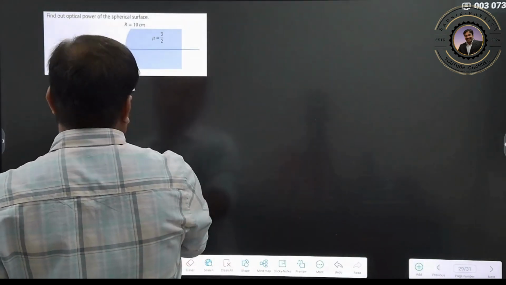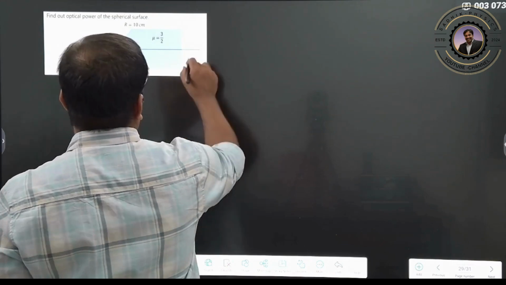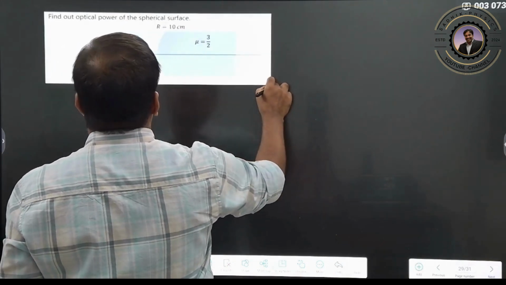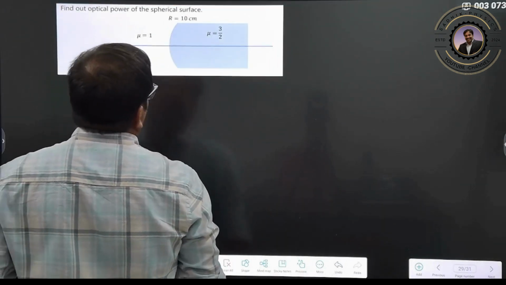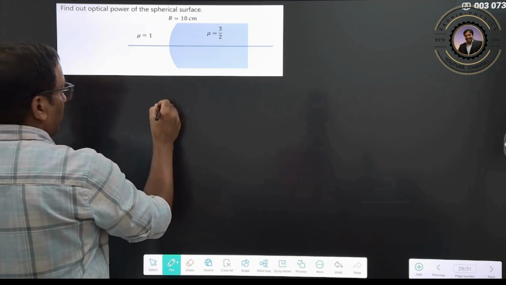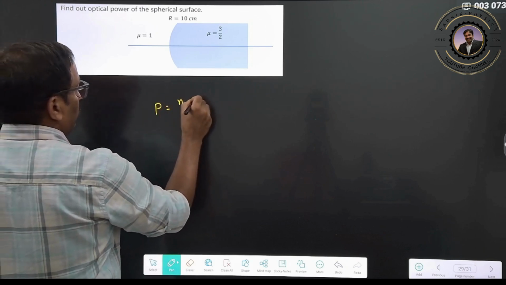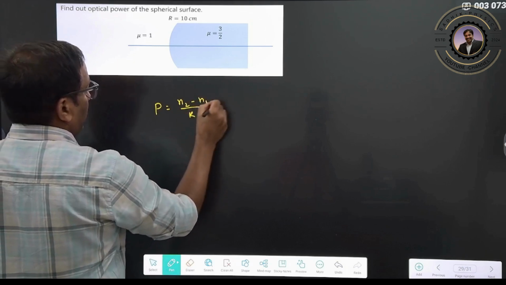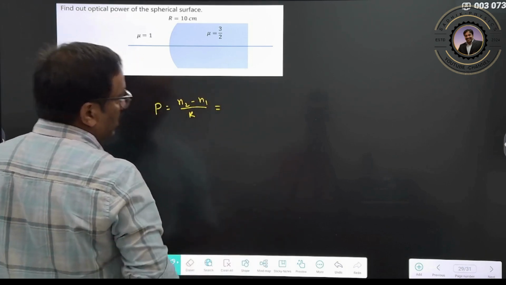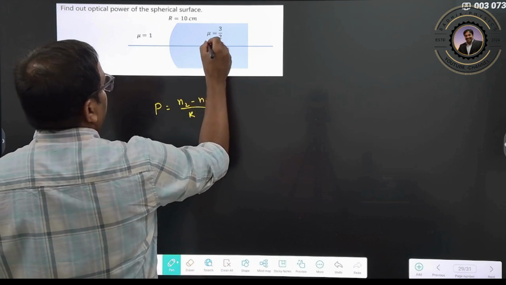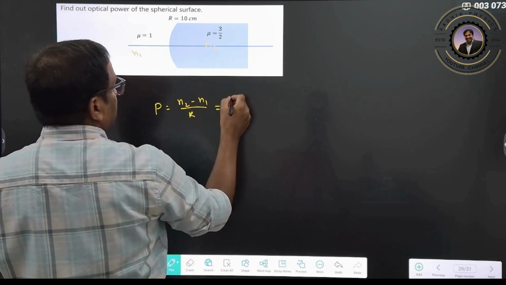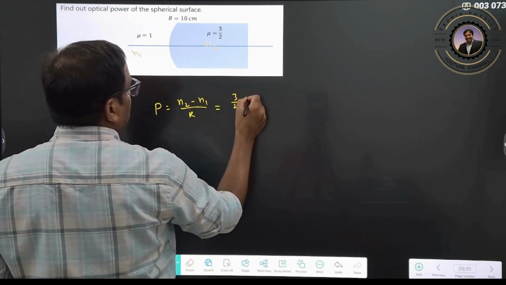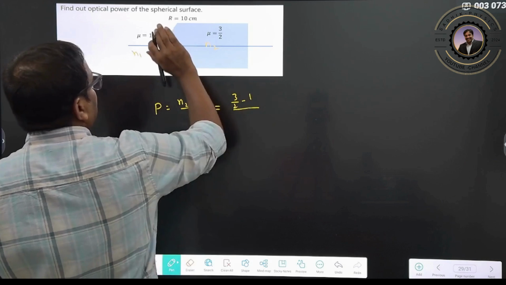Now let us see this question. It is asking the optical power of this. I already told one formula: power is equal to n2 minus n1 by r. n2 is after refraction, which is entering, this should be n2 and this should be n1. Clear? n2 is how much now? 3 by 2 minus 1 divided by the radius of curvature.